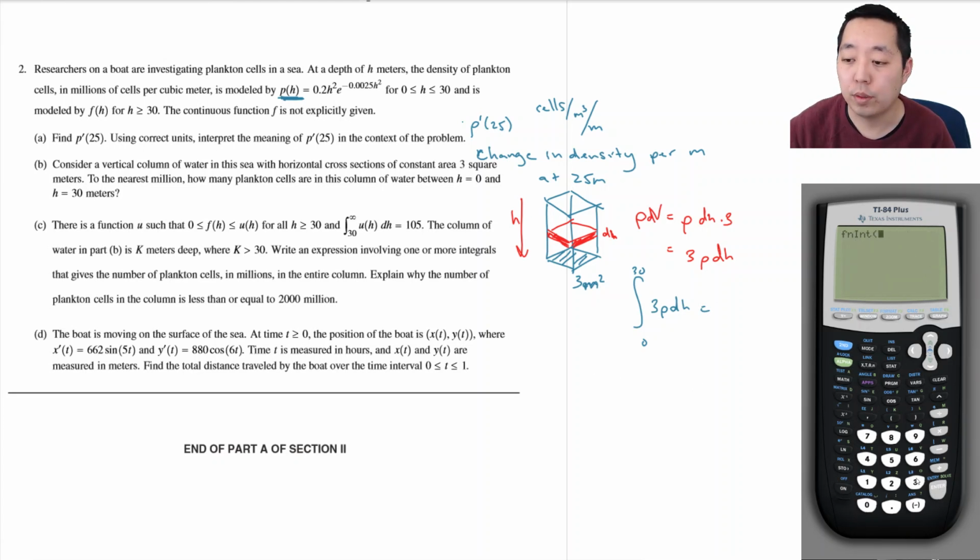So what I'm going to do is 3 times rho, which is 0.2 h squared e to the negative 0.0025 h squared, integrating over h from 0 to 30.